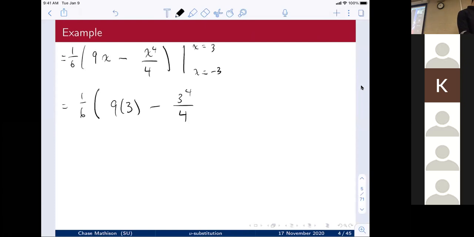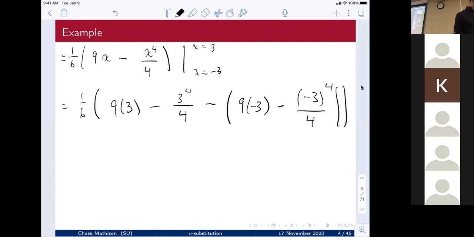Then I subtract off when I plug in minus 3. So I'm going to get 9 times minus 3 minus 3 to the 4 over 4. So a little simplification. This is 1 over 6 times 27 minus 81 over 4, minus minus 27, minus 3 to the 4 is also 81, plus 81 over 4.